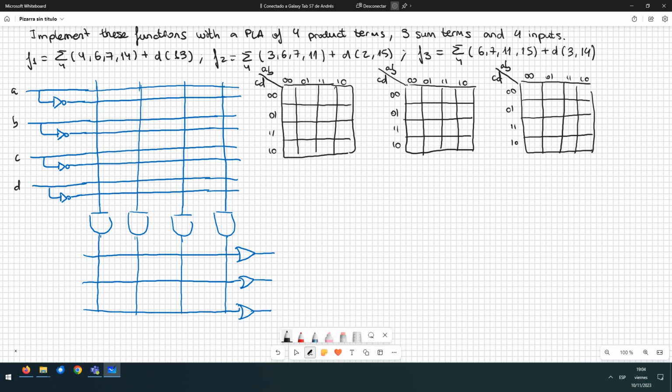So we draw in the Karnaugh map the ones and the don't care conditions of every function. So this is function 1, function 2, and function 3.